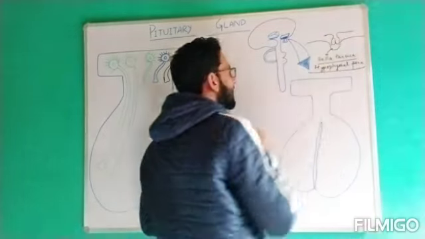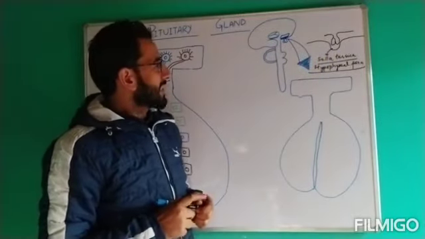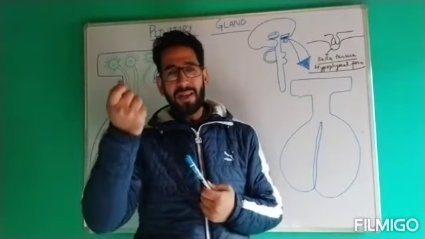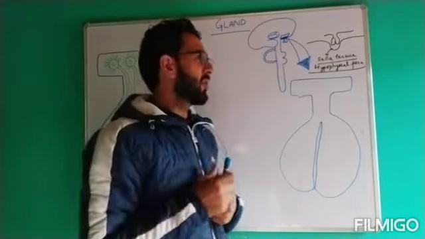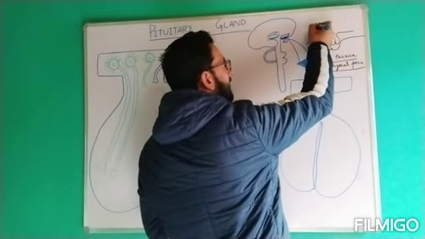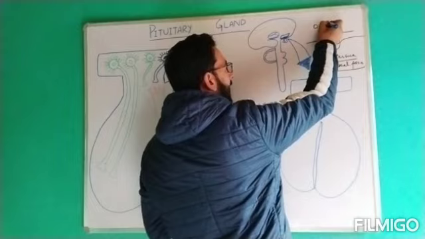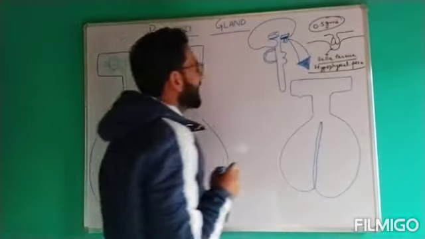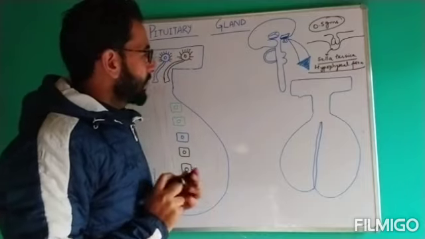It is pea-shaped, about the size of a pea, and the weight of the pituitary gland is about 0.5 grams. That is the basic introduction to the pituitary gland.